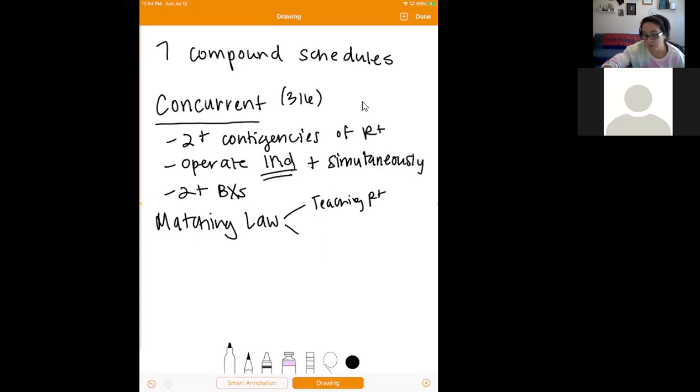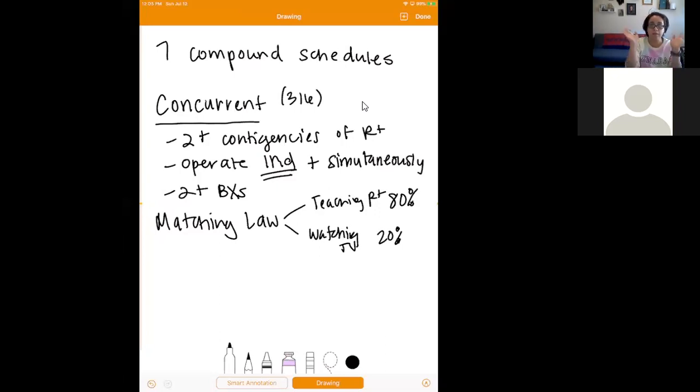So I reinforce myself 80% of the time, because every once in a while I'm lazy. Watching TV is reinforcing 20% of the time. So 20% of the time I'm going to watch TV and 80% of the time I'm going to teach. That's matching law. They match reinforcement.